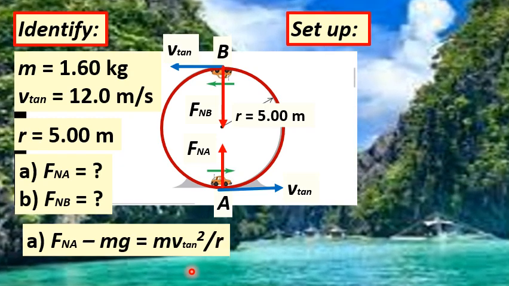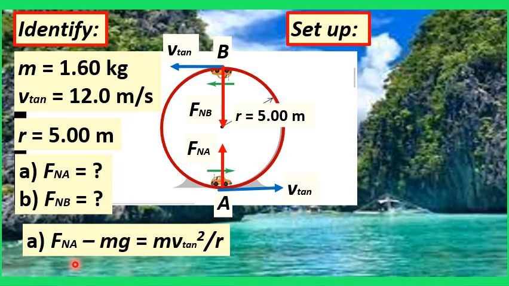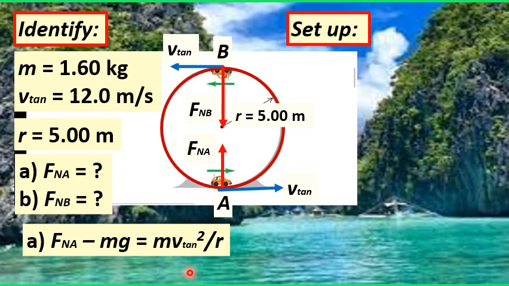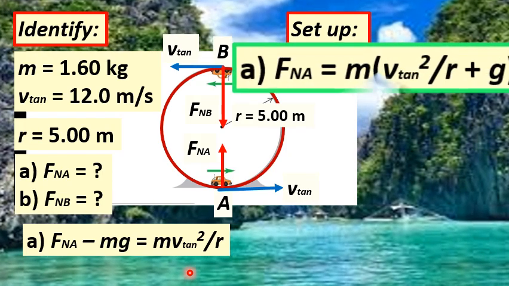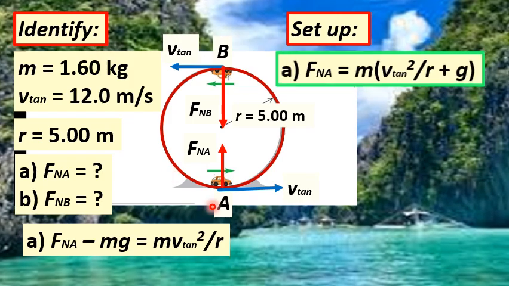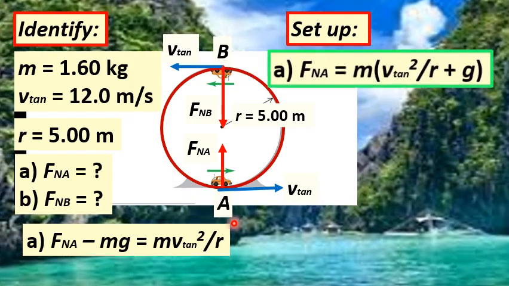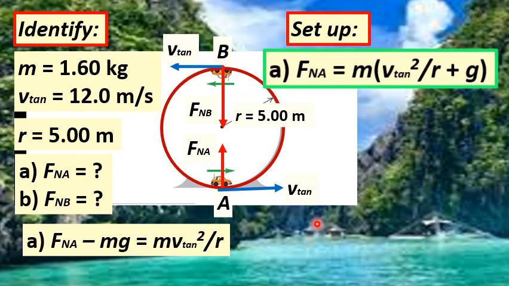So if you transpose this equation, we will come up with the working formula for finding the normal force F sub NA. We just transpose the weight mg to the right side of the equation.